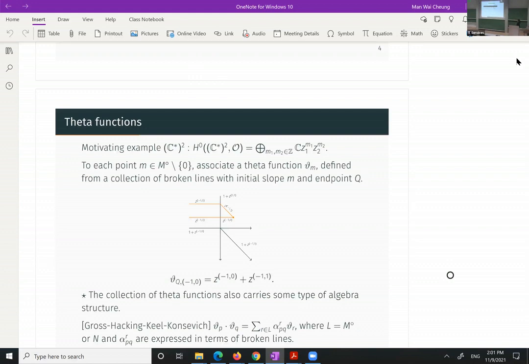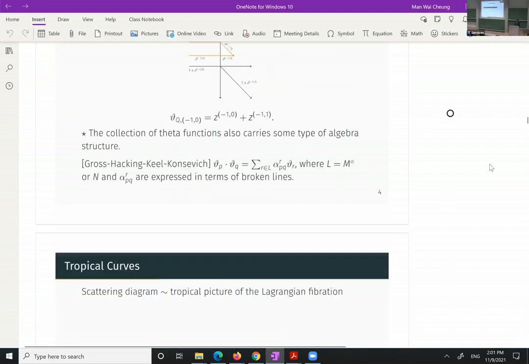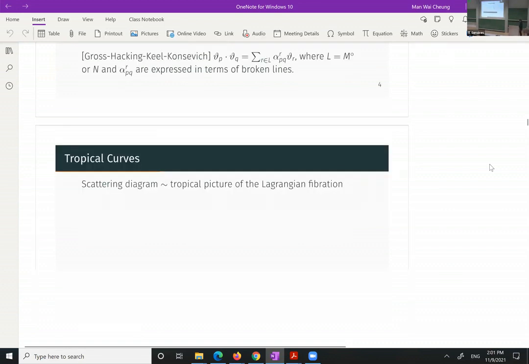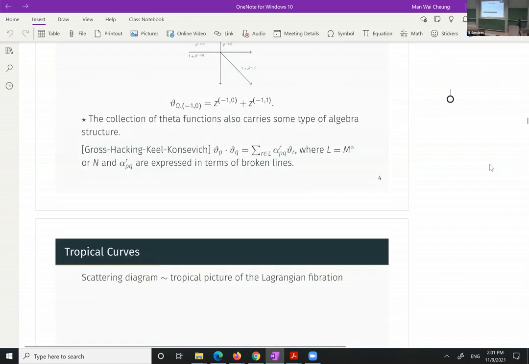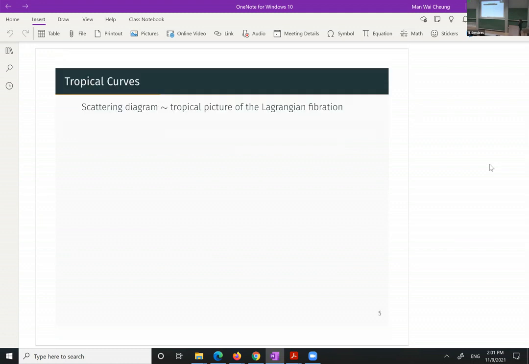It is the same thing for theta functions: the multiplication of two theta functions can still be expressed as a linear combination of other theta functions. So we can see that the collection of theta functions carries an algebraic structure, so that we have a cluster algebra, or later on we can look at the algebra and take the Spec of it. So this is a very rough and quick recall of scattering diagrams and theta functions.